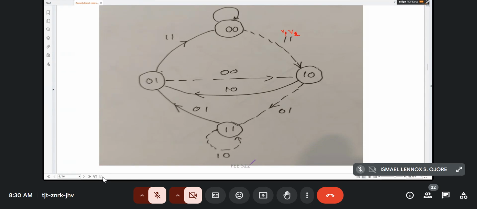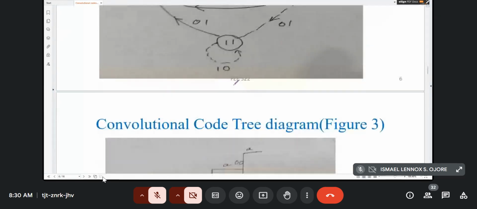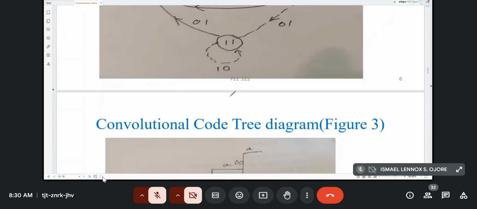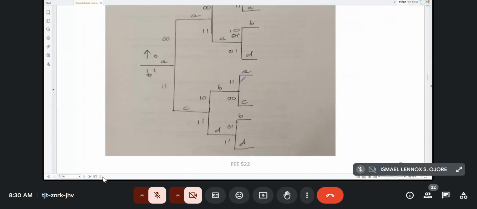You can represent your data like this because it's a finite state machine. You can use a state diagram like this one. You can use a tree diagram.